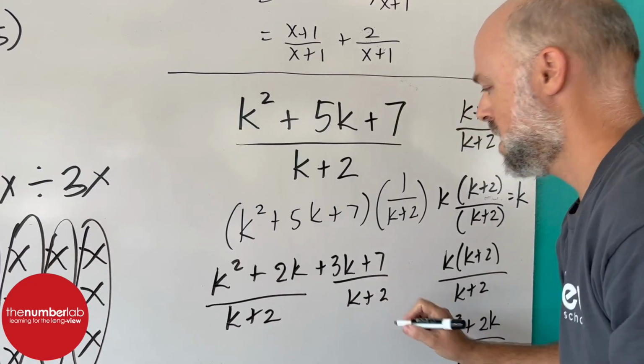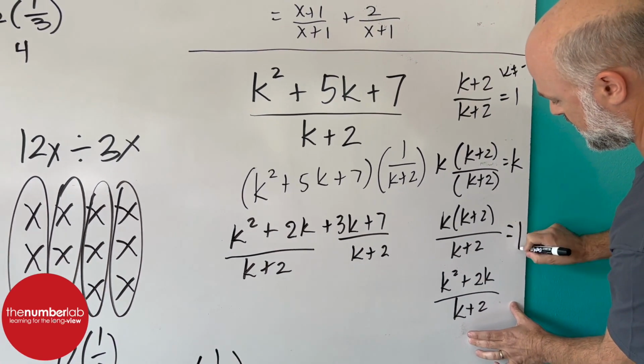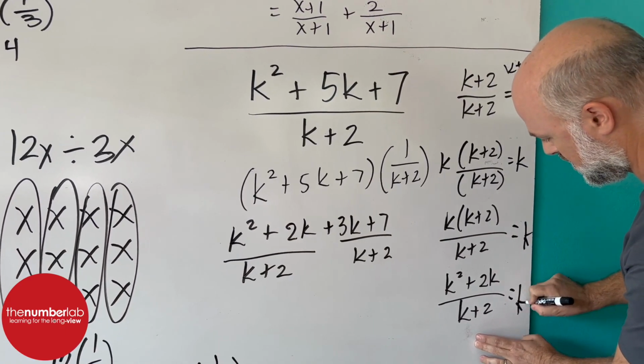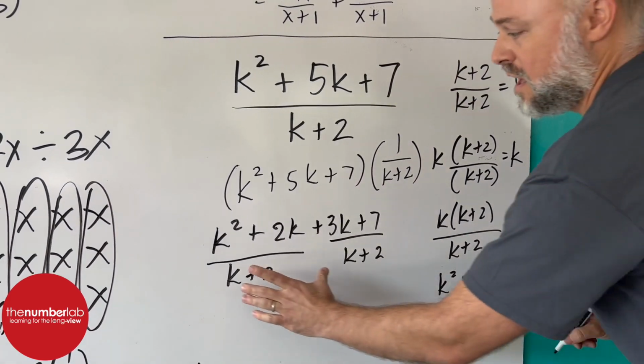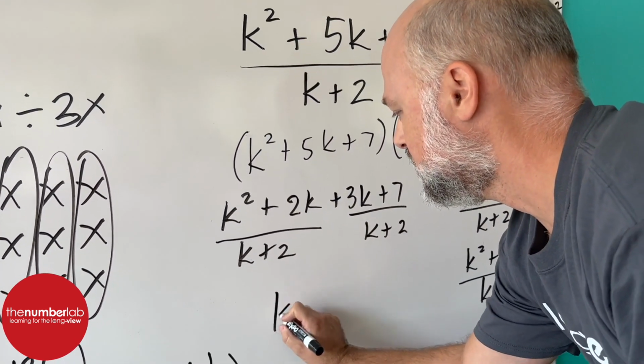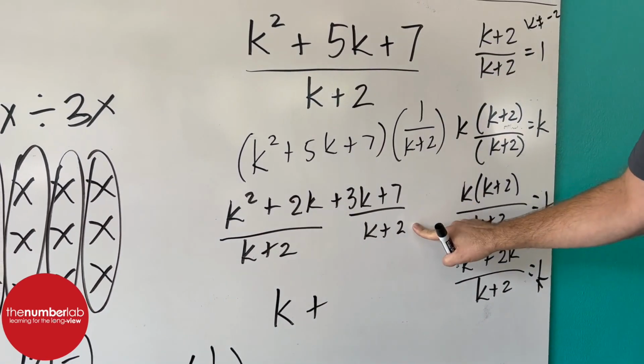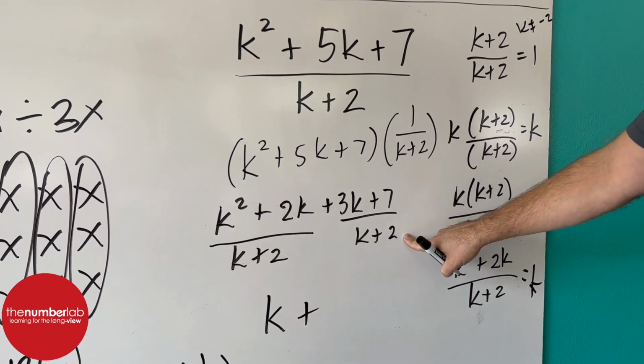And we just said that this fraction equals k. This first term in this expression is k. And 3k and 7 of the k and 2's.